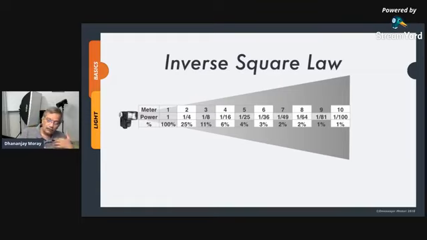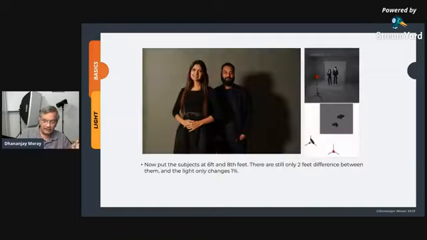So what does it mean? It means a very simple thing, that if we keep the light further back, both the people in this particular case will get a similar amount of light. So that is what we have done here. If you notice, we have taken the light behind. They both are still standing 2 feet apart.